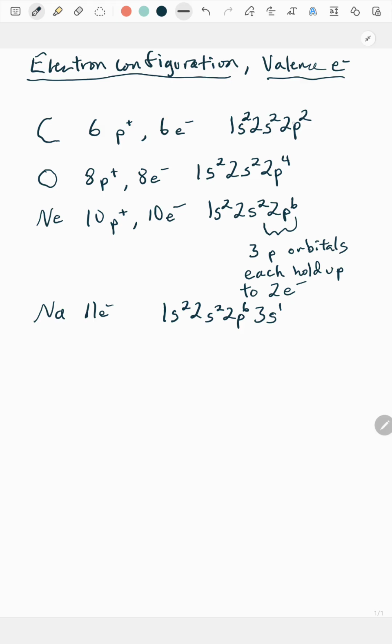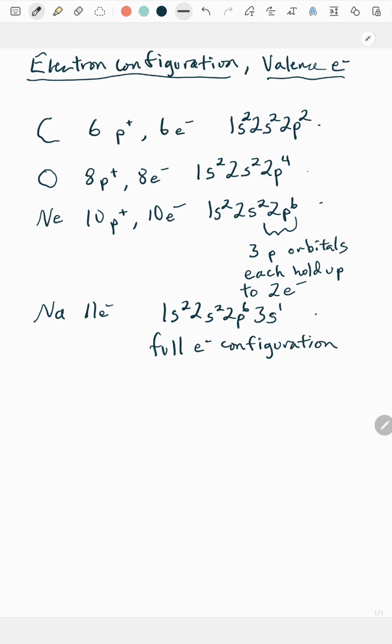As written in all of these, carbon, oxygen, neon, and sodium, these are what we call full electron configurations. So if I ask you to write the full electron configuration for sodium, neon, oxygen, or carbon, you would write 1s2, 2s2, 2p6, 3s1 for sodium, just 2p6 for neon, 2p4 for oxygen, and 2p2 for carbon.